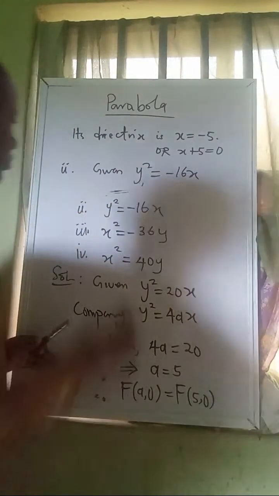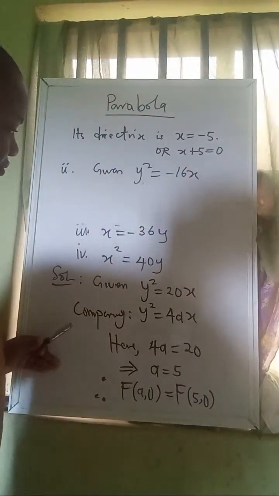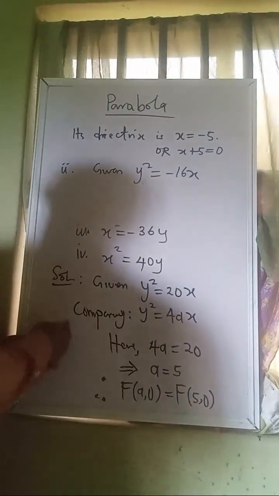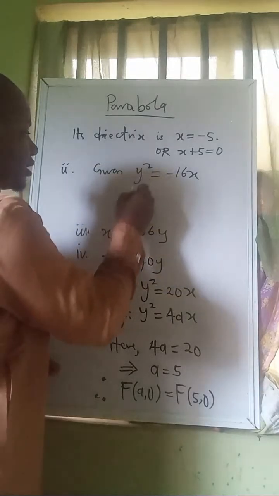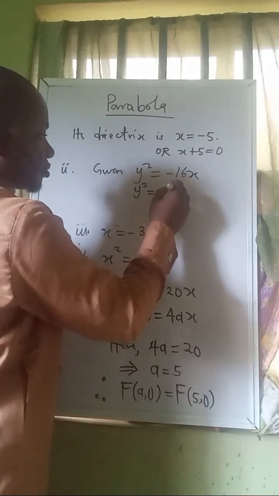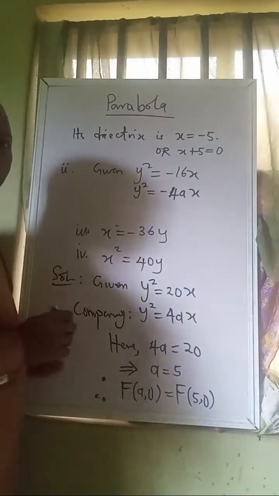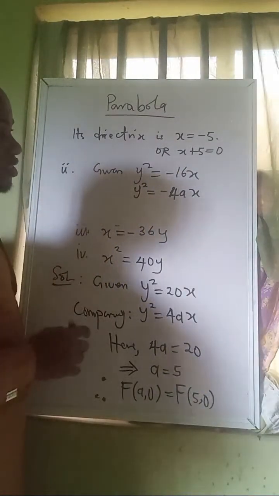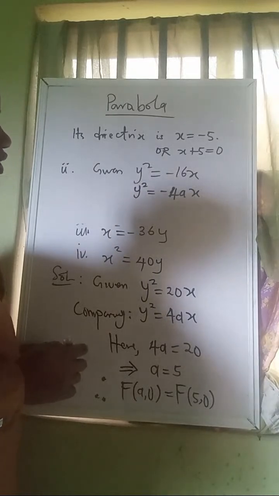by comparing this, we see that the point a here is 4.